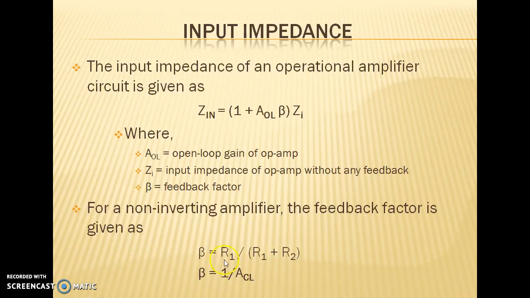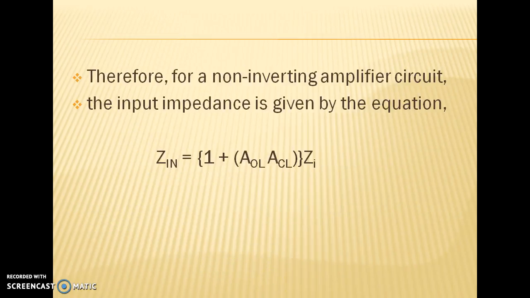That is, β is 1 upon closed loop gain ACL. Therefore, for a non-inverting amplifier circuit, the input impedance is given by Zin = (1 + open loop gain times closed loop gain) times the input impedance Zi without any feedback.